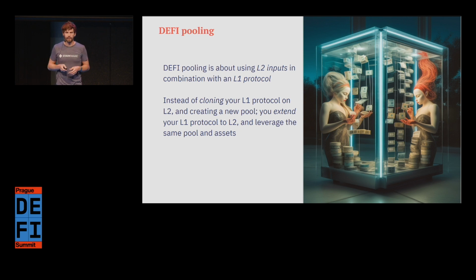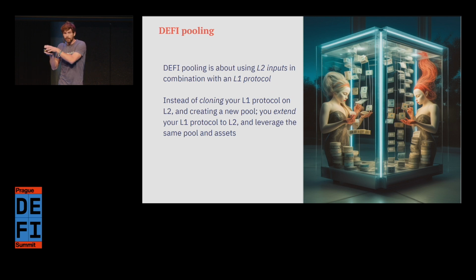Another way of looking at it is the following. Right now, when you think about DeFi on L2, what most protocols do is just clone their application on another layer. You have a lending pool on L1 and you just instantiate the same lending pool on L2. Meaning what you're doing is just fragmenting liquidity, and usually you will have one pool which is much deeper than the other.